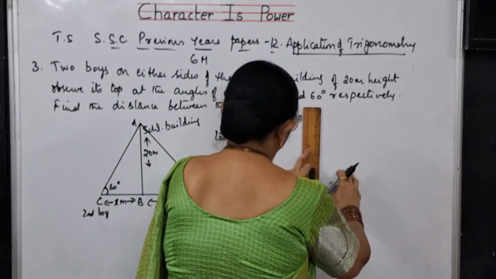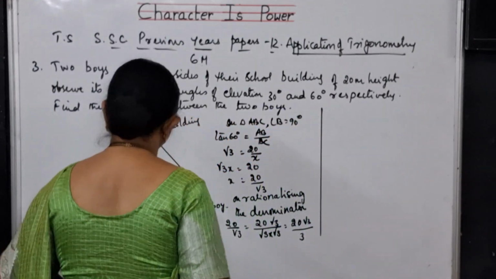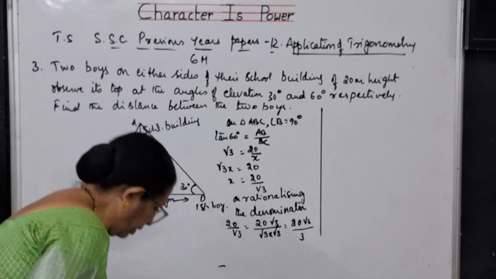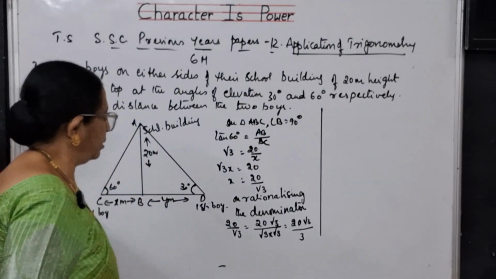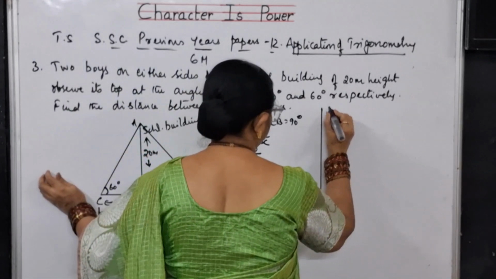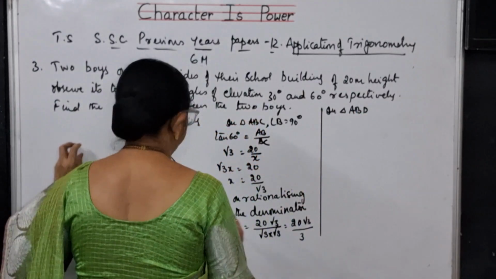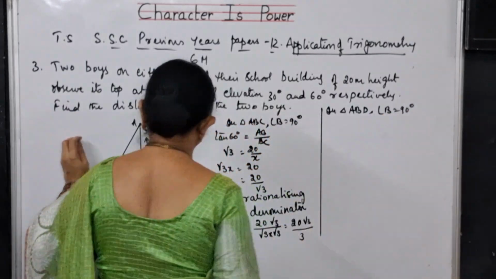Now let us see another triangle, triangle ABD. In triangle ABD, angle B is 90 degrees.